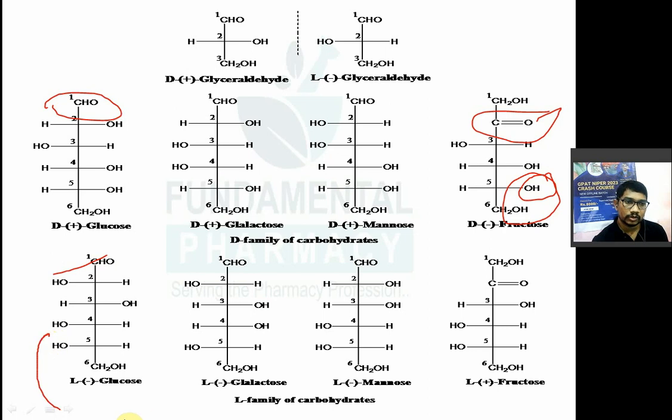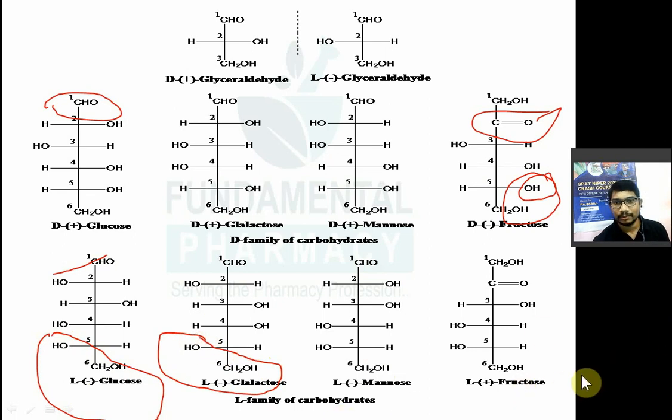So in levo glucose देखो यहाँ पे क्या है? On the opposite side, the hydroxyl group arranged on the 5th carbon will be on the opposite side to that of the terminal alcoholic group. Okay, so the hydroxyl group present on carbon number 5 is opposite to that of the alcoholic group present on carbon number 6. So it is the structure of galactose, L-galactose.